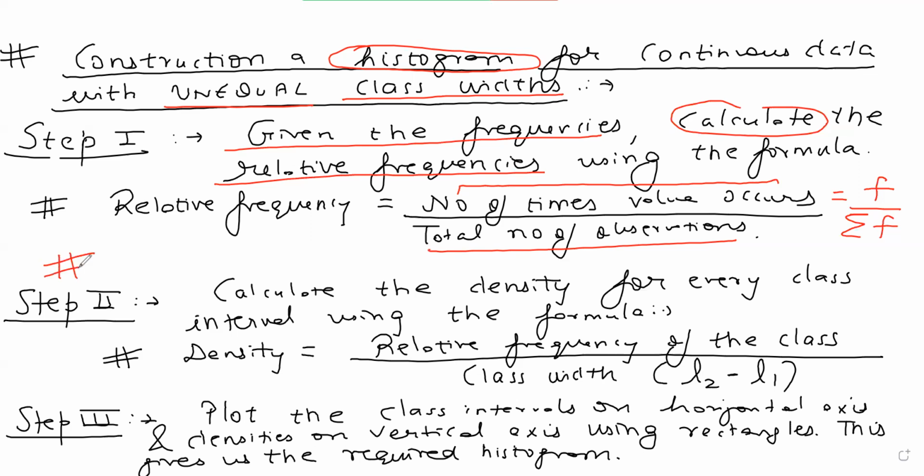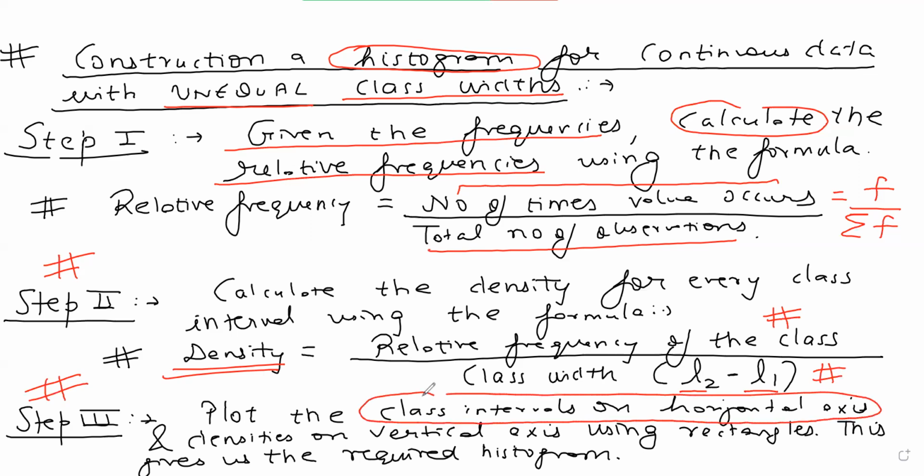Step number 2, once I've calculated the relative frequencies, I now calculate the density. Density is nothing but the relative frequency of the class divided by the class width. Class width is nothing but the upper limit minus the lower limit. Step number 3, on a graph paper, I'm going to plot the class intervals on the horizontal axis and densities on the vertical axis.